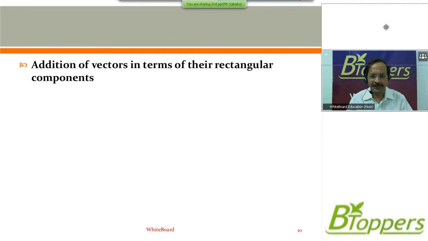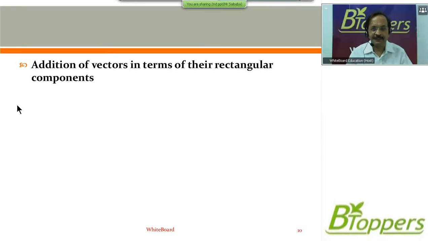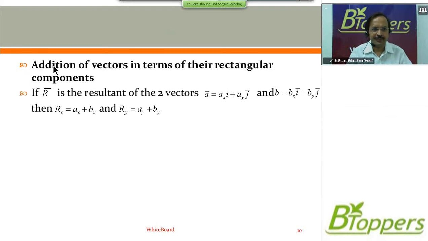So before I discuss problems, I would like to once revise my earlier discussion about addition of vectors in terms of their rectangular components. If R bar is the resultant of two vectors, A bar equal to AX I cap plus AY J cap, and B bar equal to BX I cap plus BY J cap, then Rx equal to AX plus BX and Ry equal to AY plus BY.